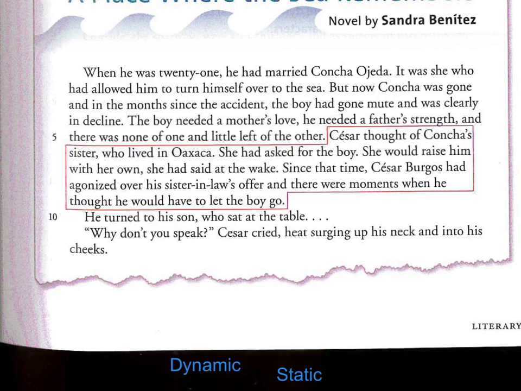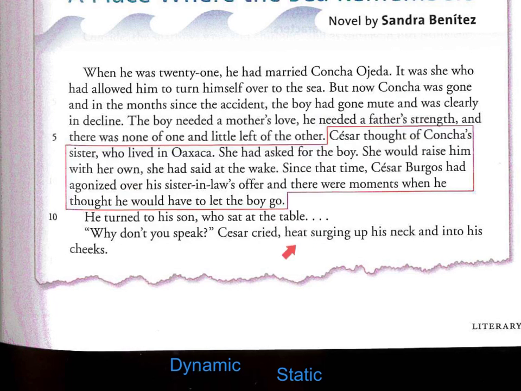Do we know several things about Caesar now? We know who he married, that his wife had died, his child is mute, he doesn't feel strong, he's not sure about letting the aunt raise the boy, he's agonizing over it, and he speaks to the son, his heart, right?